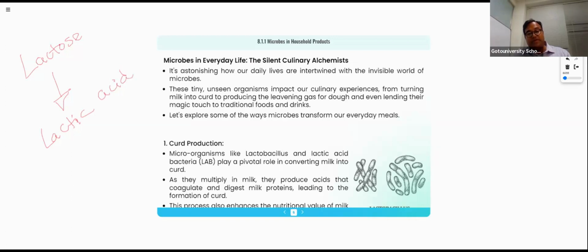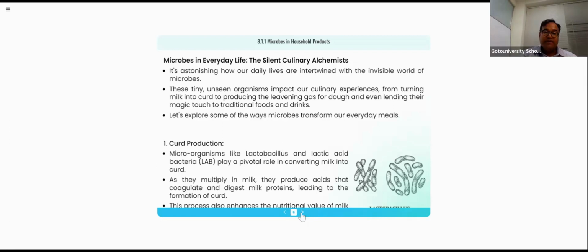So now we know very well the curd is rich not only in vitamin B12 but also in vitamin K. Vitamin B12 and vitamin K are very important: for making hemoglobin, I require vitamin B12, and for executing the blood clotting process, I require vitamin K. So this vitamin B12 and vitamin K rich curd is formed from the lactose of the milk by using a bacteria called Lactobacillus lacti, right? So now we simply call it LAB.